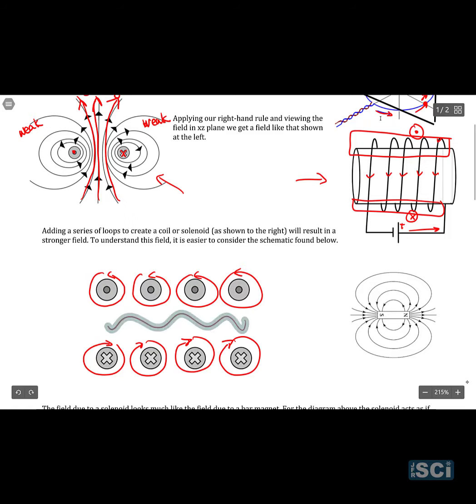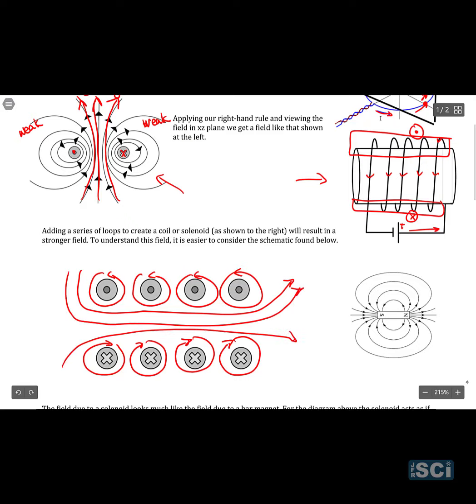If we think about each wire having to form its own magnetic field lines, that's going to cause the field lines to get more concentrated in the region in between our coils. So on the inside of the coil, the field strength increases because the magnetic field lines can't touch.